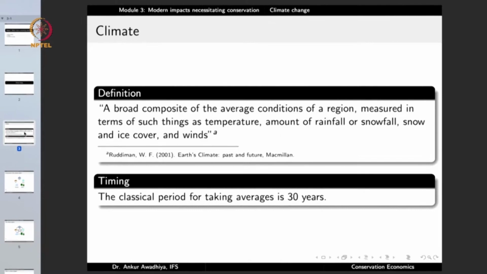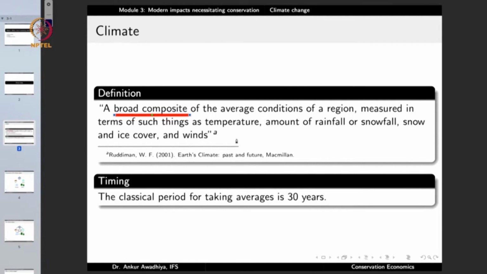What is climate? Climate is defined as a broad composite of the average conditions of a region measured in terms of such things as temperature, amount of rainfall or snowfall, snow and ice cover, and winds. So, climate is a broad composite, which means that we are not looking at climate in terms of finer quantities.